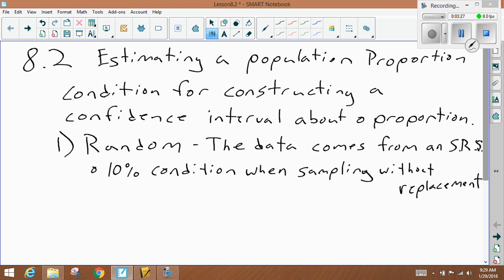Why would you do an experiment on the same person twice? Unless it was a matched pairs experiment, right? Anyhow, number 2, right? And we know the 10% condition is this. I'll just write it down. Yeah, little n.